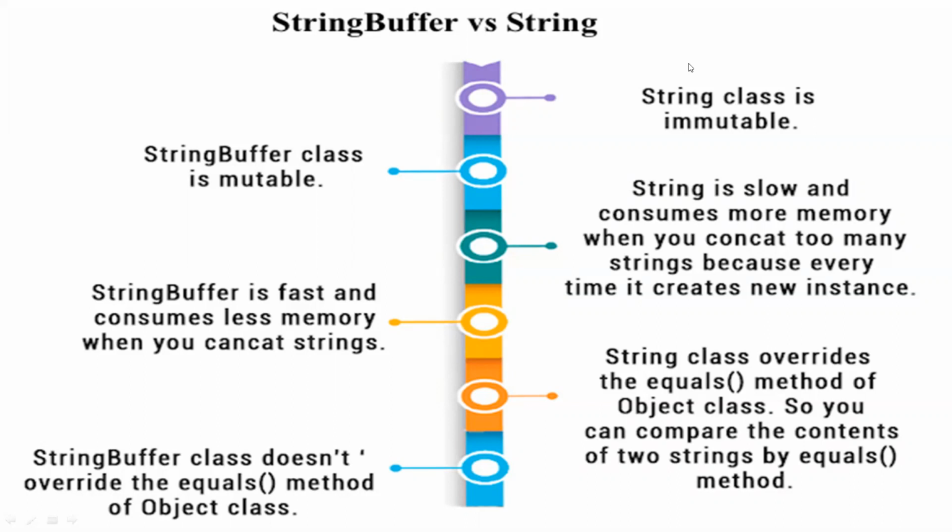If I use s.equals(s1), then s and s1 will get compared. Both will be compared in the case of the string class, but in the case of string buffer, there is no equals method. That is the major difference between the string and string buffer classes.